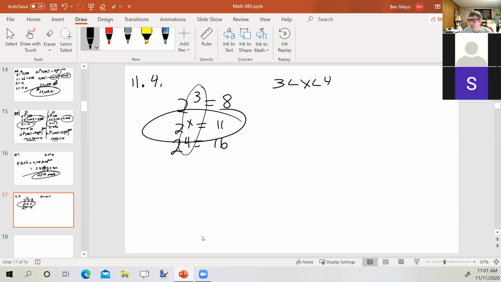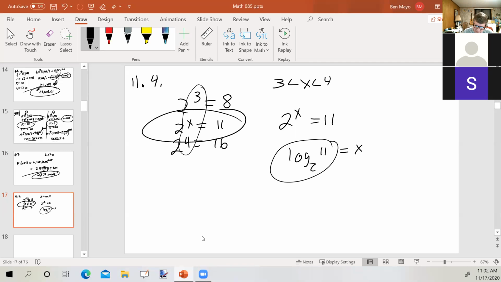There's something called a logarithm. If we take this equation, 2 to the x equals 11, and write it as a logarithmic equation, it looks like this: log base 2 of 11 equals x. Especially if you've never seen this before, you might wonder what to do with that. But I want to point out that x is now isolated.